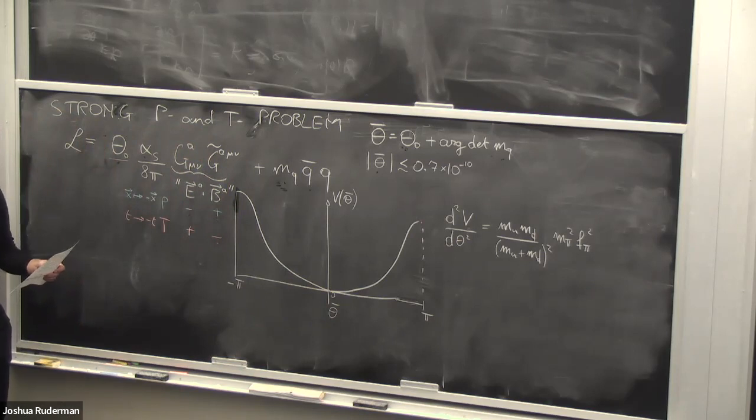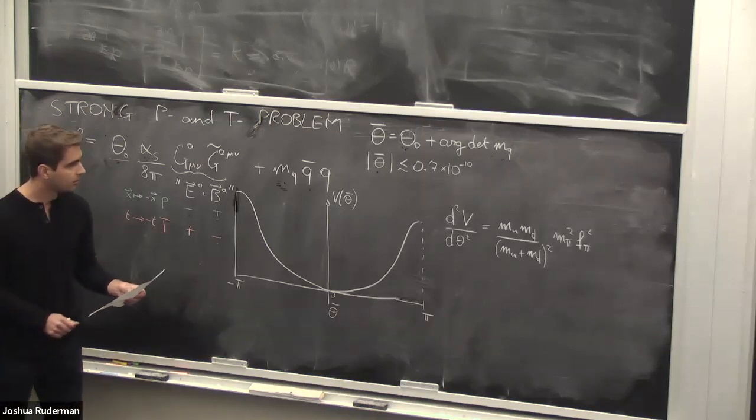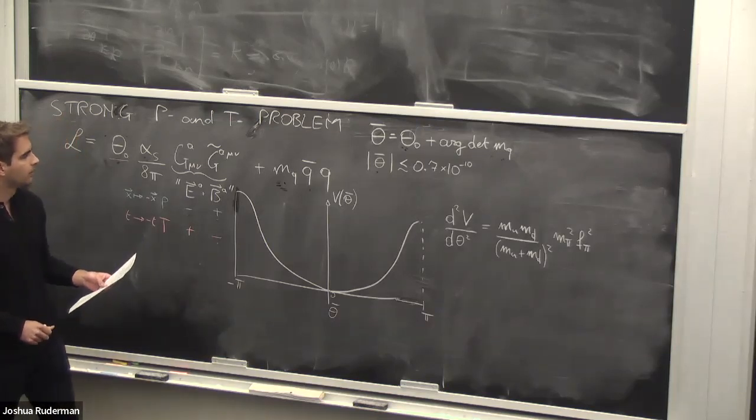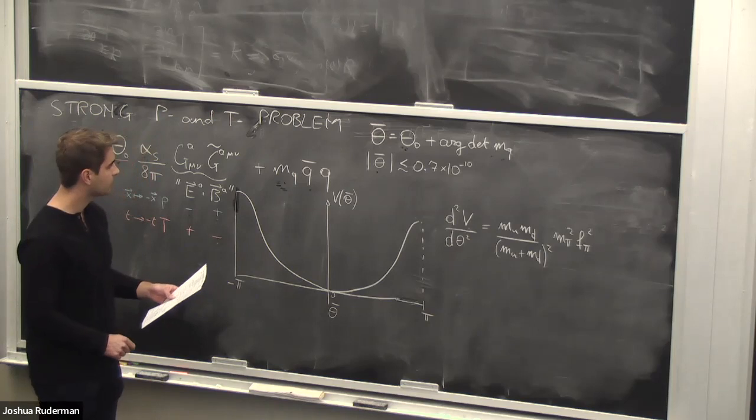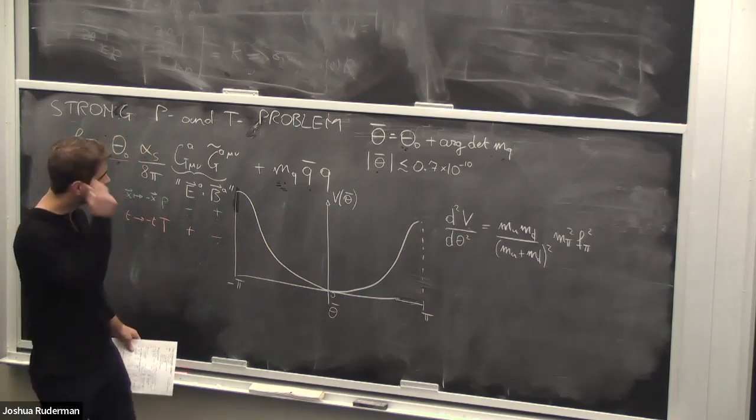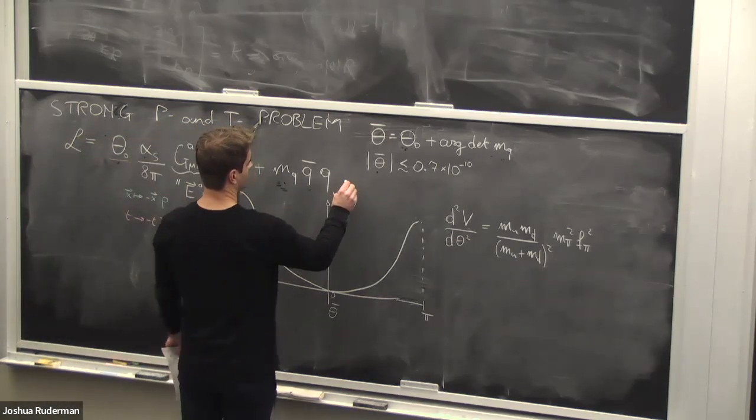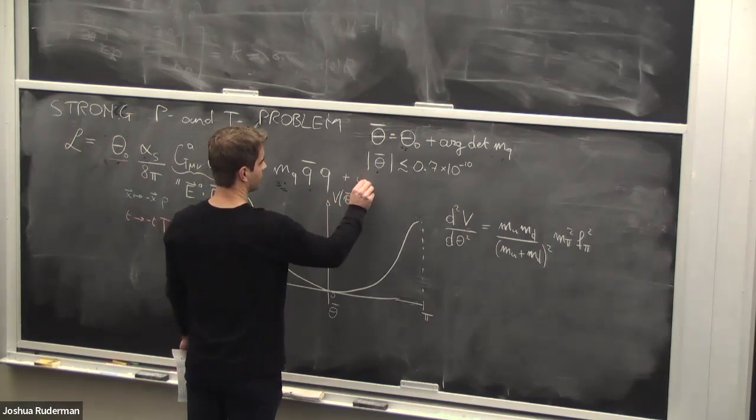Is that clear so far? Okay, so what was then noticed by Roberto Peccei and Helen Quinn in 1977 is that you can add a symmetry to your Lagrangian.